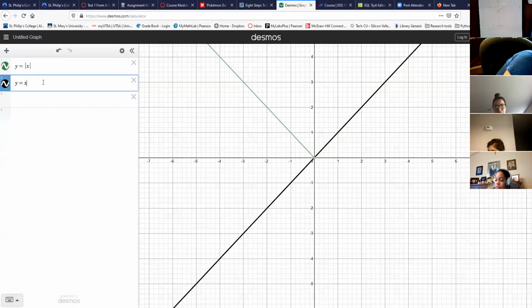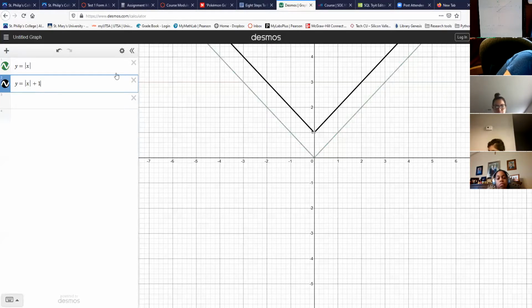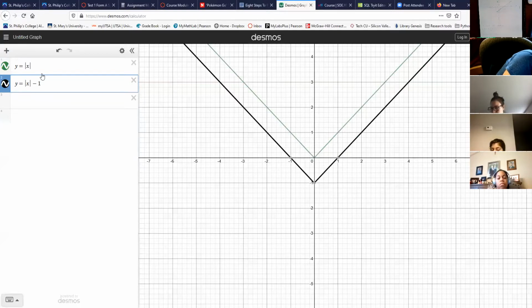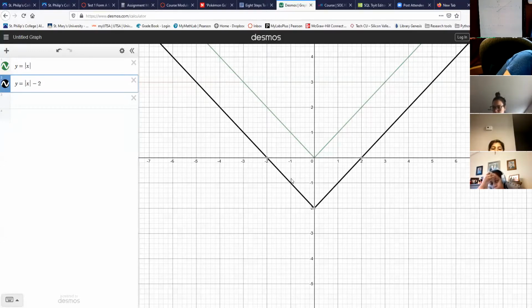But if you were to add 1 to it, all this is shifted up 1, right? So the parent will look like this, the original. The other one will be shifted. So if I put +2, it goes up 2. Put -1, oops. Sorry, excuse me. -1 moves down, -2.